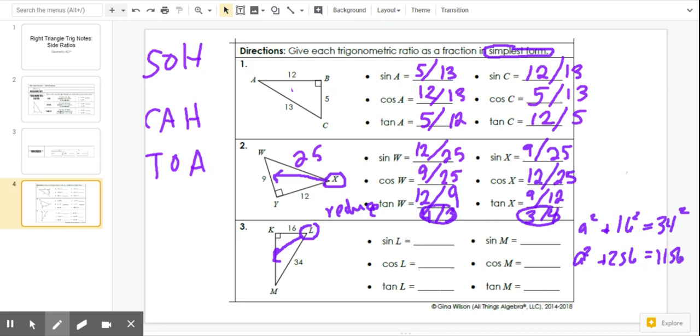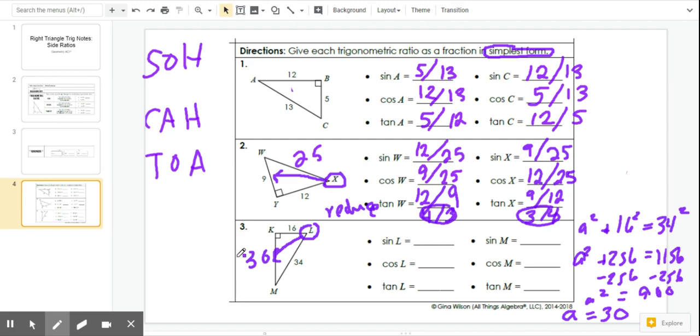So then if you subtract 256 from both sides, you get A squared equals 900. I don't have a lot of room here, but if you take the square root of 900, you get 30. So our missing leg here is 30.